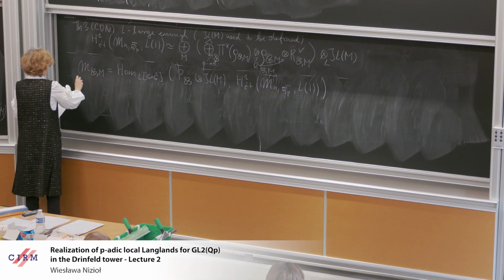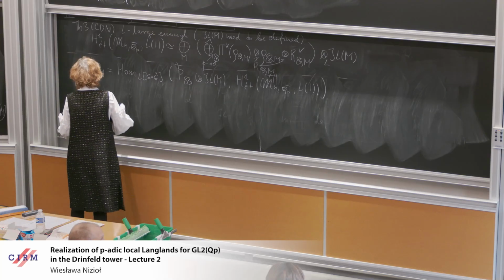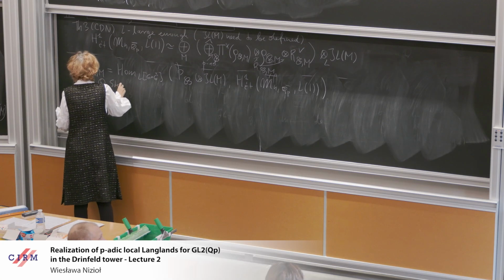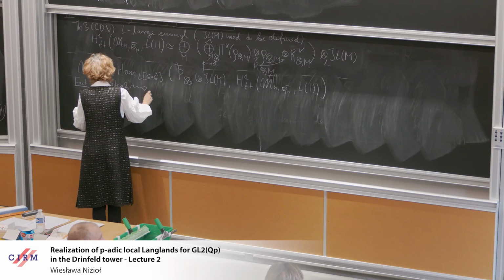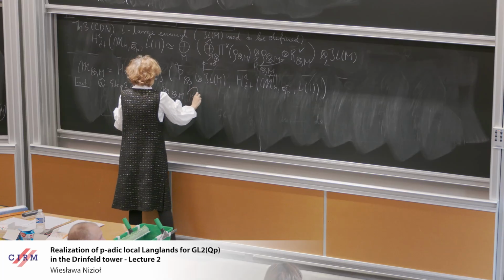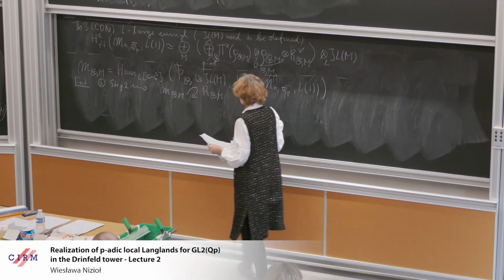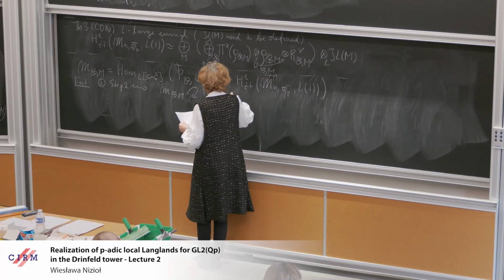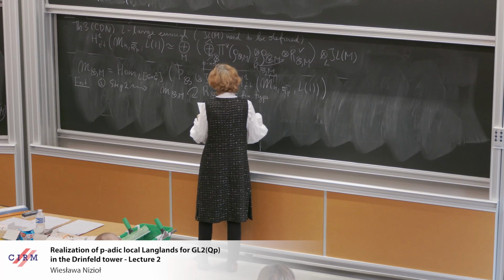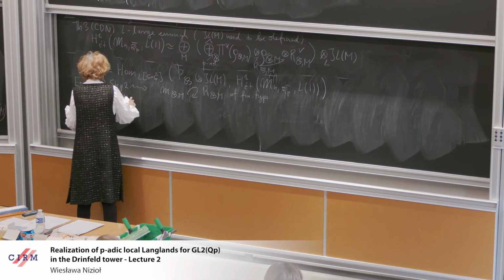And the fact is now that, from step 2, we get that this object is actually a module over the deformation ring of finite type.